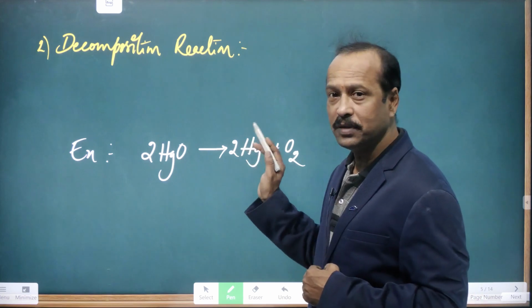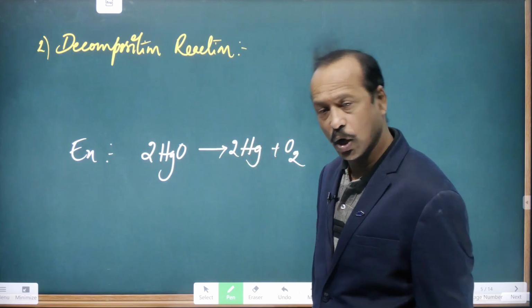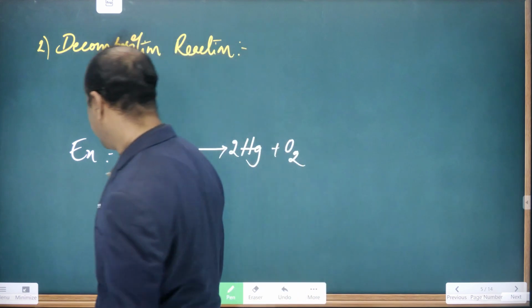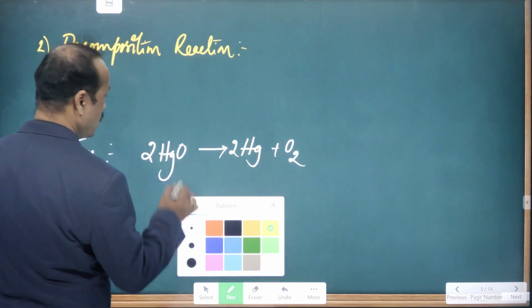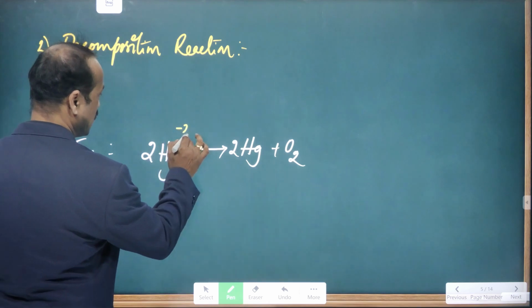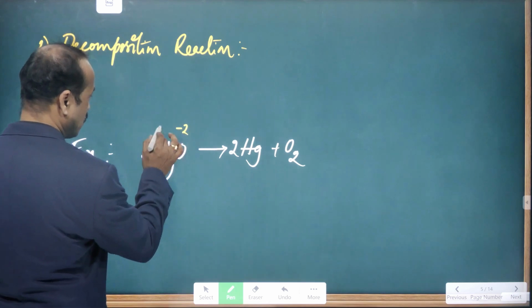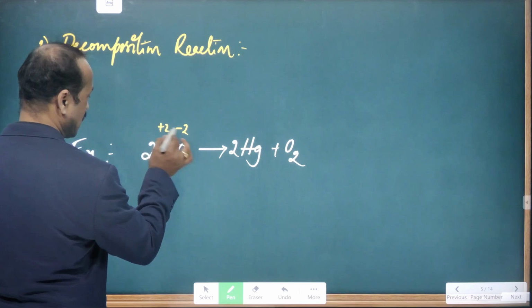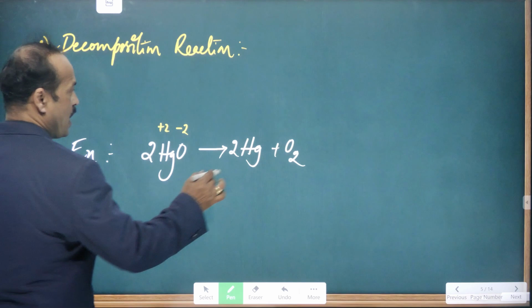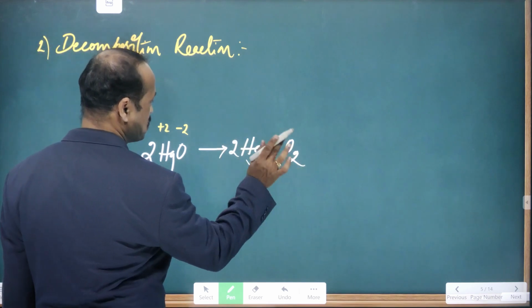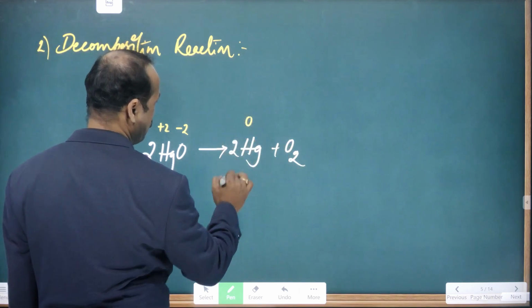Now, how does it become a redox reaction? Let us check whether it's a redox reaction or not. Here, students, oxygen is -2, you know that, and the oxidation number of mercury should be +2, because both together should be neutral, 0. And here mercury is individual, not associated with any atom, so it is 0.